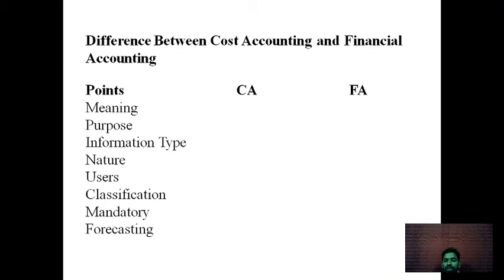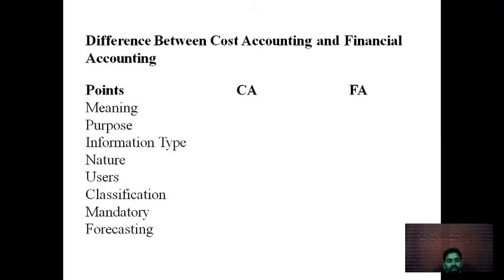Internal users are the owner of the business or company, as well as the management, manager, supervisor, director, and employee. The external users are the government, the income tax department, the bank, suppliers, or creditors. They are also using the financial data.